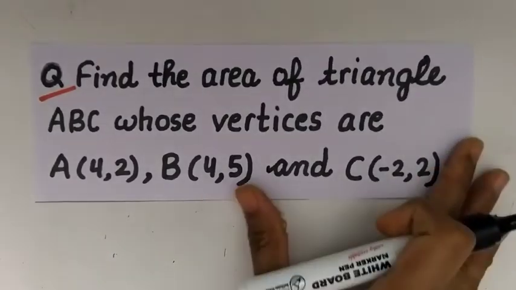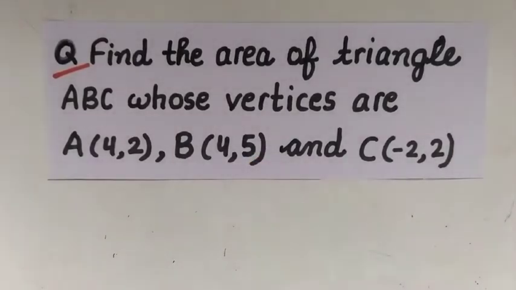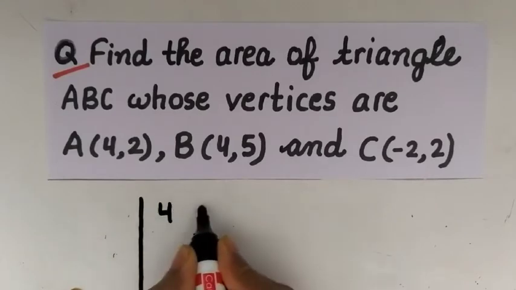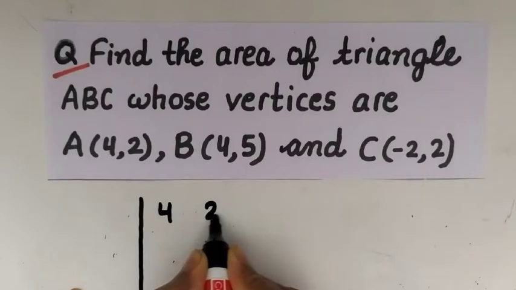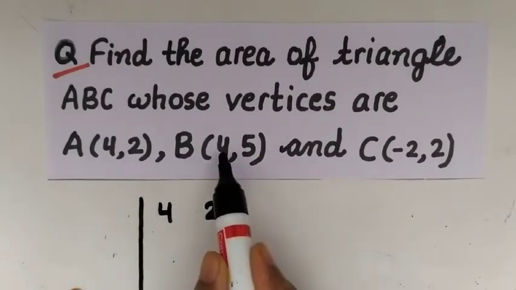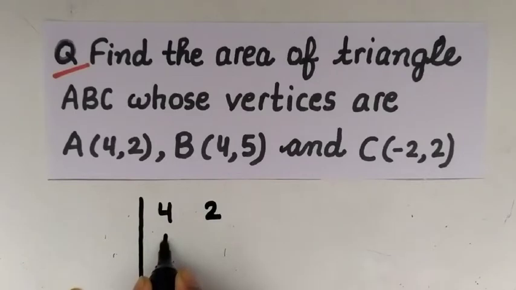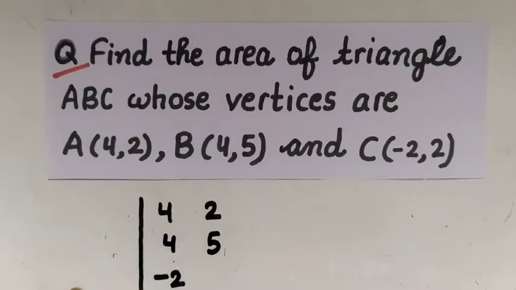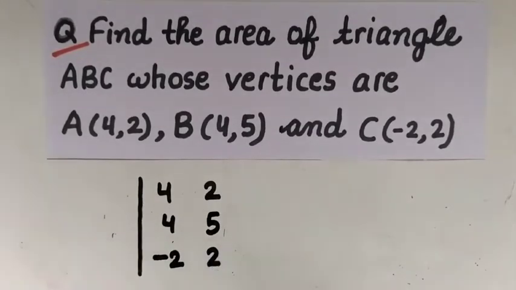So first of all, in this question, we will form a determinant. I'm writing here the coordinates of vertex A. First of all, I will write the x coordinate, that is 4. Then I will write the y coordinate of vertex A. Similarly, I will write the coordinates of vertex B, and similarly of C. So students, I have written all x coordinates in the first column, and all y coordinates in the second column.